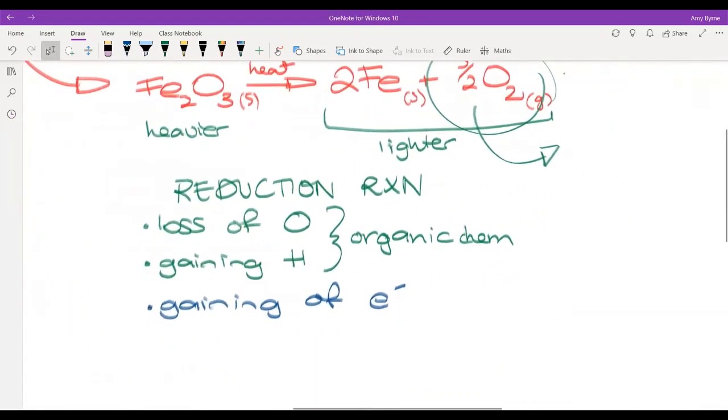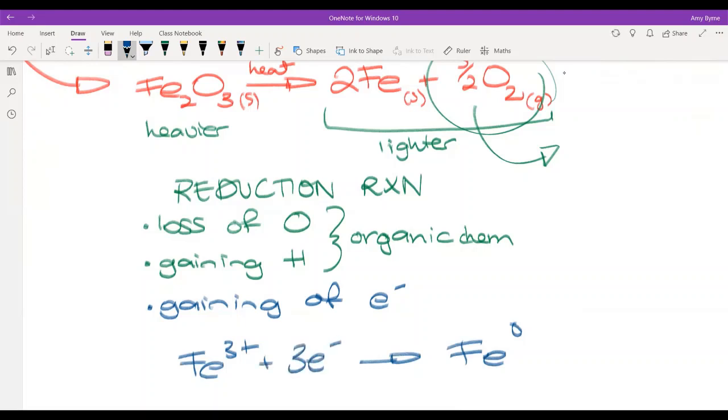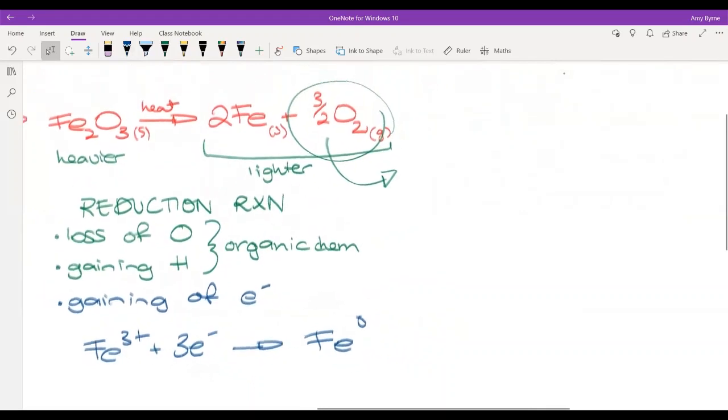So in that ion equation I've just written, I effectively have iron 3 plus becoming iron with no charge on it, which means it has to have gained 3 electrons. Now, hang on, I can't just make electrons out of nothing. I'm a chemist, not a physicist. So where do I get those electrons from?